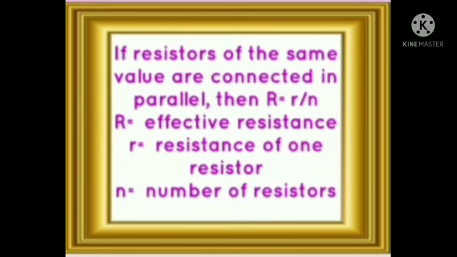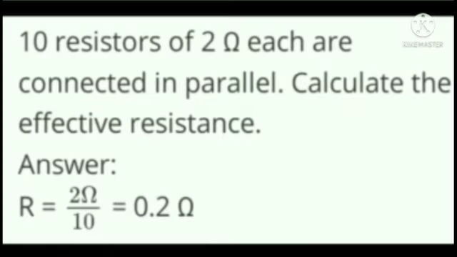We can notice a problem. 10 resistors of 2 ohm each are connected in parallel. Calculate the effective resistance. Here we can identify that the number of resistors, small n, is equal to 10 and the resistance of each, that is small r, is equal to 2 ohm.